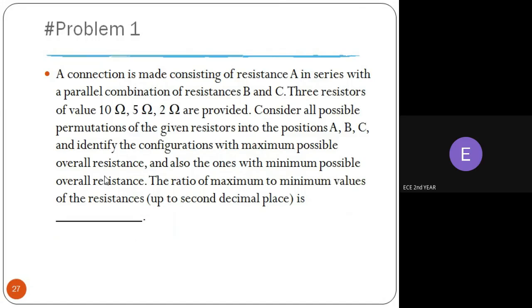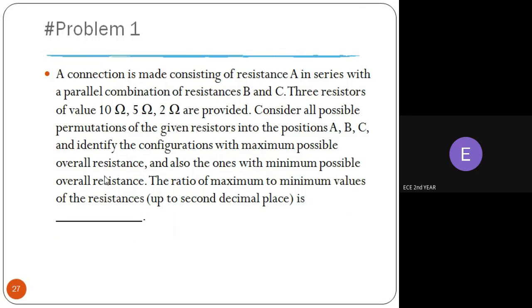Consider all possible permutations of the given resistances into the positions of A, B and C. Identify the configurations with the maximum possible overall resistance and also the ones with the minimum possible overall resistance. The ratio of maximum to minimum values of the resistance, up to 2 decimal places, is?